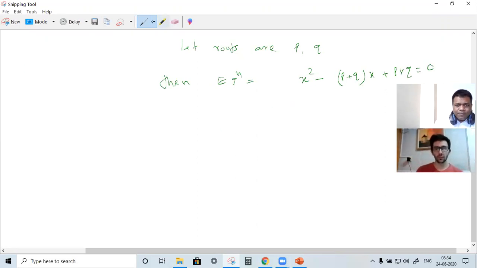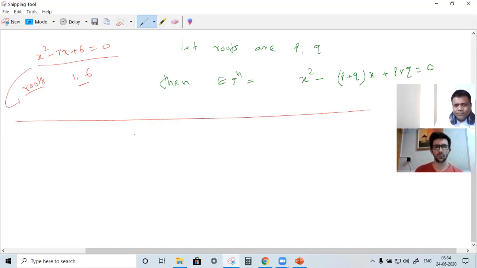Frederick, you remember when I asked a question, x square minus 7x plus 6 is equal to 0, and you got the roots 1 and 6. Here the equation was given, and you got the roots. Now let me take the same thing in the reverse way. If the roots of a quadratic equation are 1 and 6, tell me the equation.